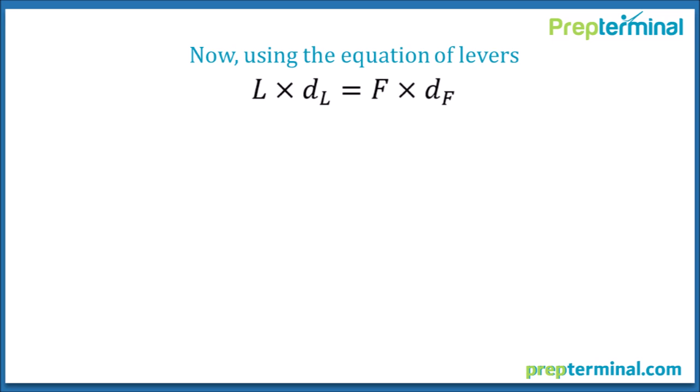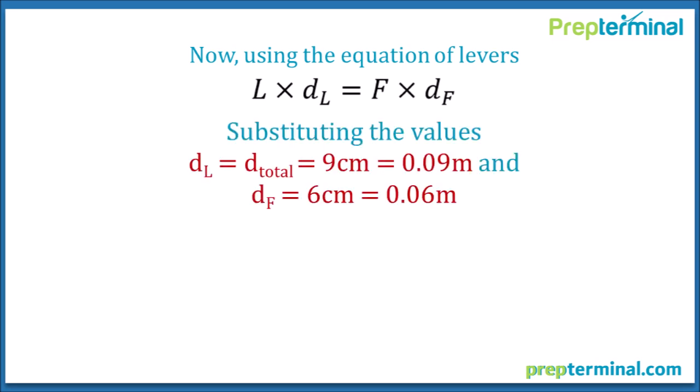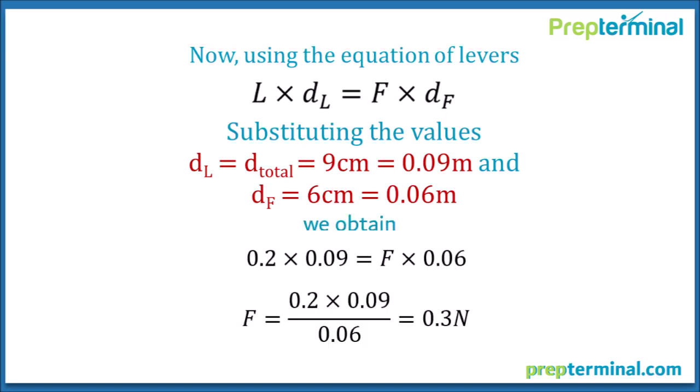Now using the equation of levers, L times dL equals F times dF. Substituting the values dL equals d total equals 9 centimeters equals 0.09 meters and dF equals 6 centimeters equals 0.06 meters, we obtain 0.2 times 0.09 equals F times 0.06.